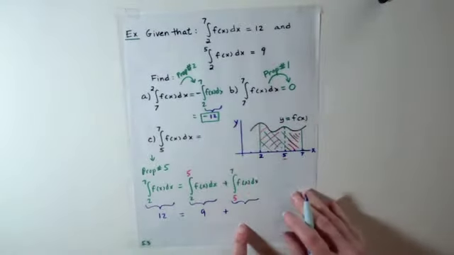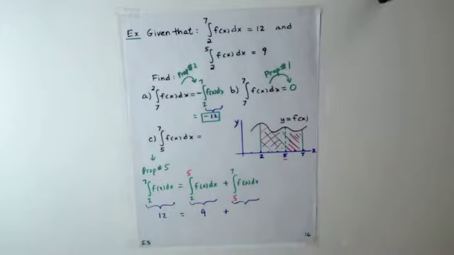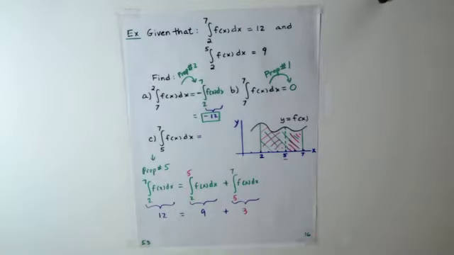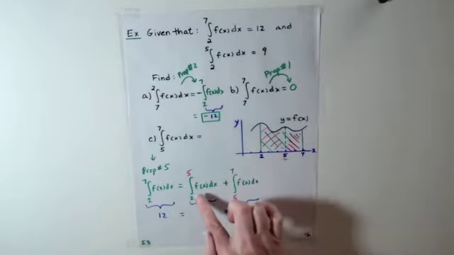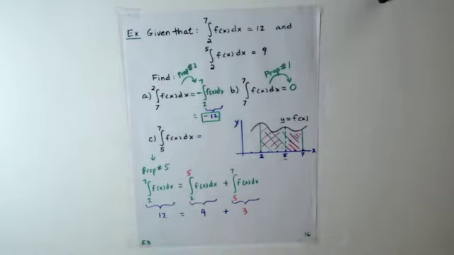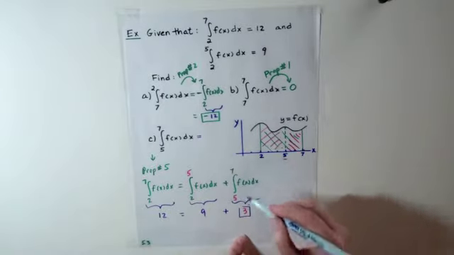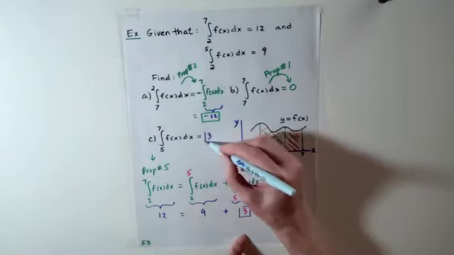That's what we were asked to find. And what would that have to be to give us a correct equation? That would have to be the number 3. 9 plus 3 equals 12. Or if you want to, you can solve for this by subtracting this integral from both sides and get 12 minus 9 on the left side. Either way is okay. But the answer to our problem, what this integral has to be, is that missing number of 3.